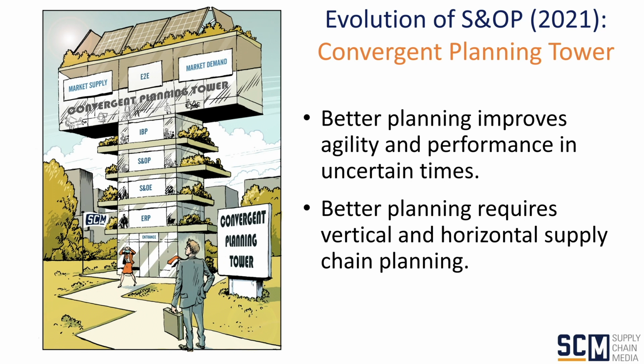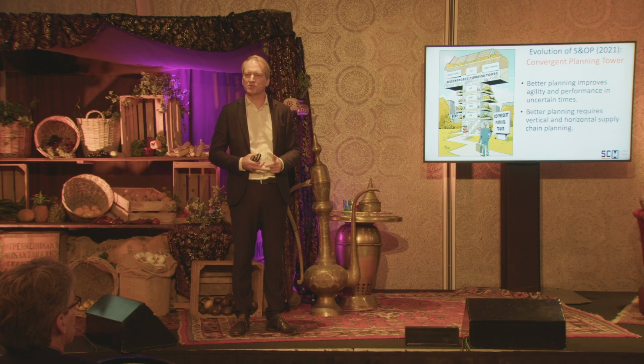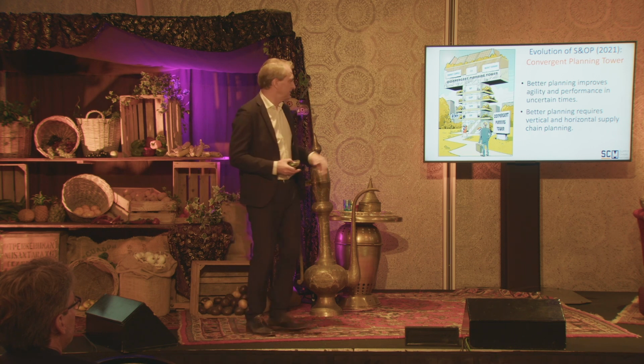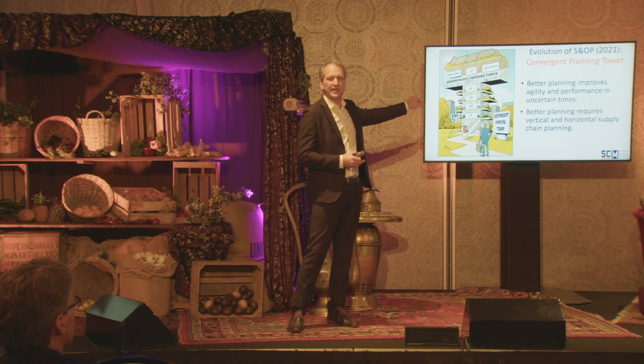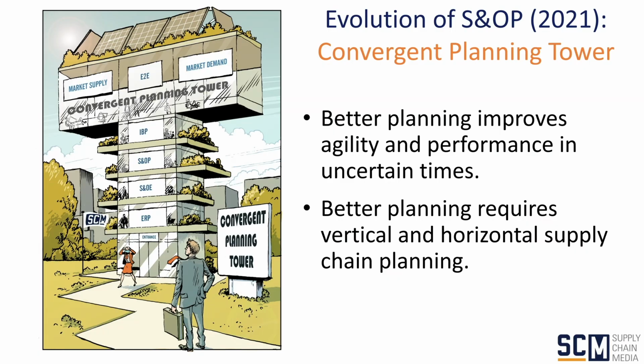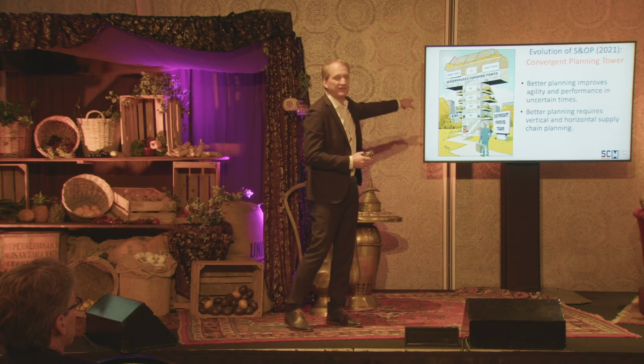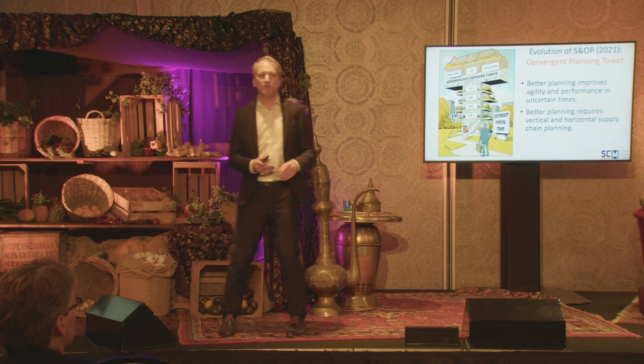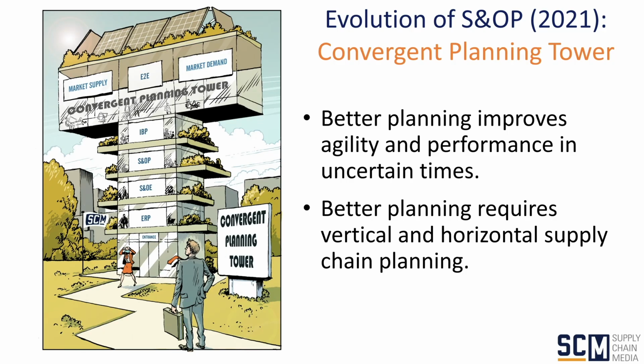S&OE is production orders, warehouse orders, purchase orders. So it's in your TMS, in your WMS, in your SRM, in your Ariba or whatever. That's S&OE, and that's what we saw this morning. You also have S&E as a planning environment, and you need software for it. And then on top of that, you have your S&OP, which is the flavor of today. And you have your IBP.